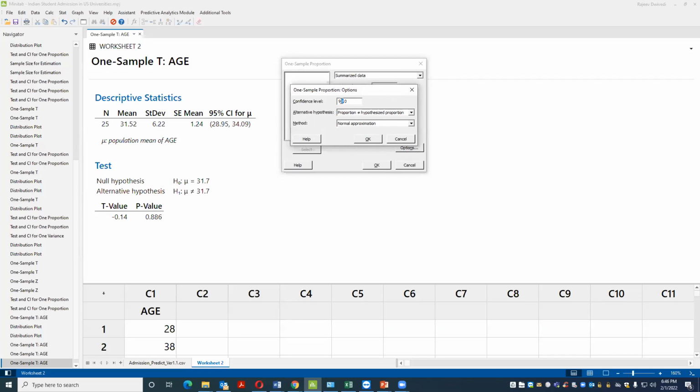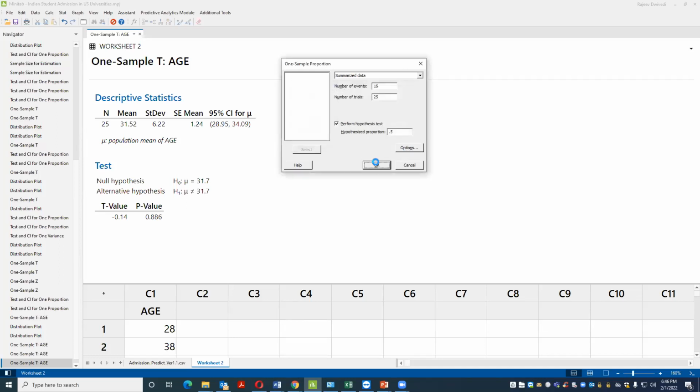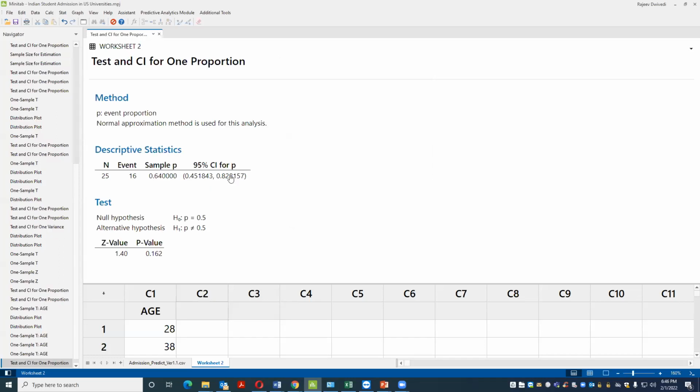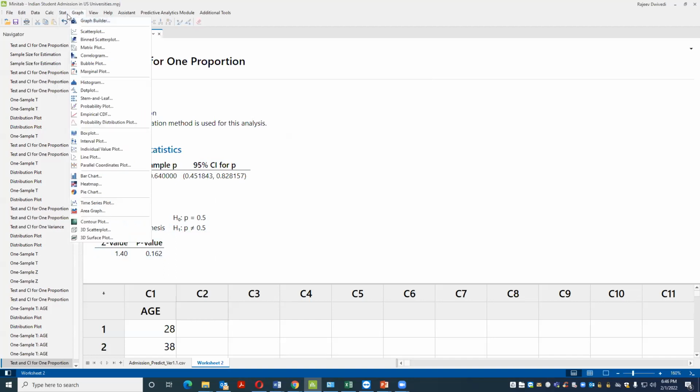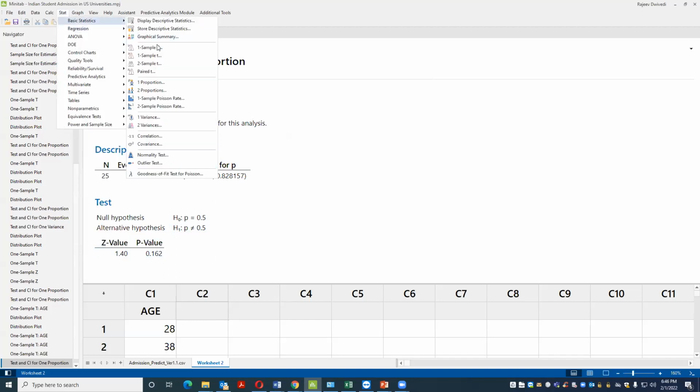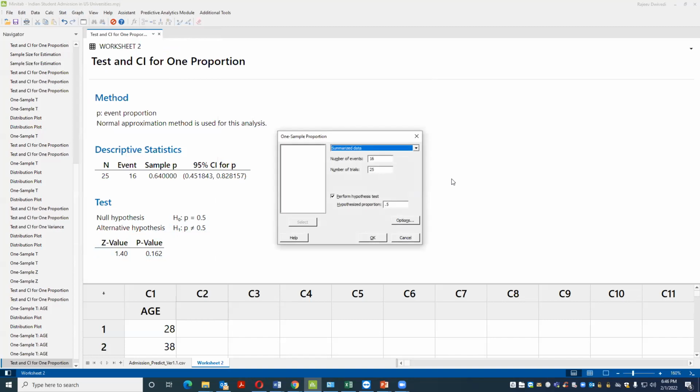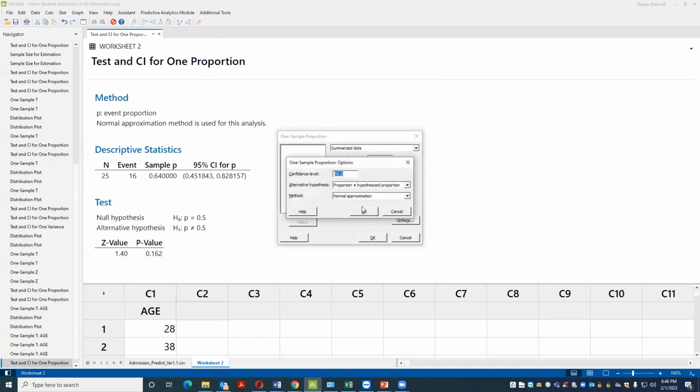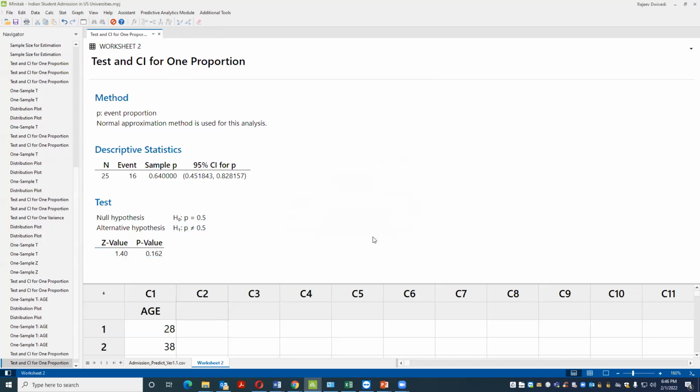If you do normal approximation, you get the Z value. If you don't use normal, you can only get the P value. Here you can see the Z value and P value. Let me do the same calculation, but I choose exact. You only get the P value.